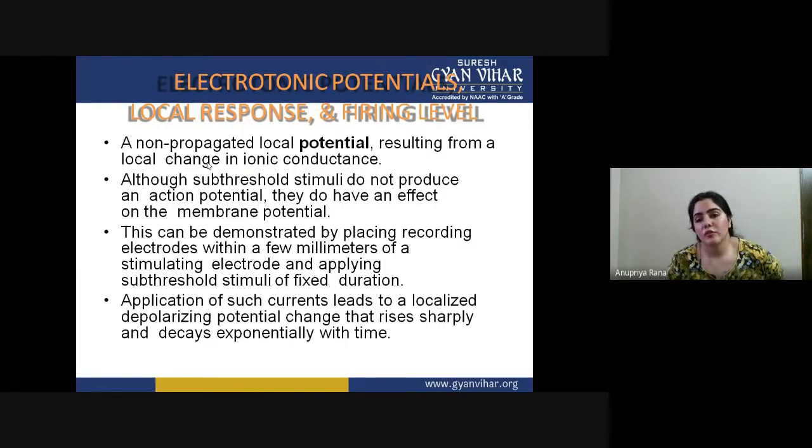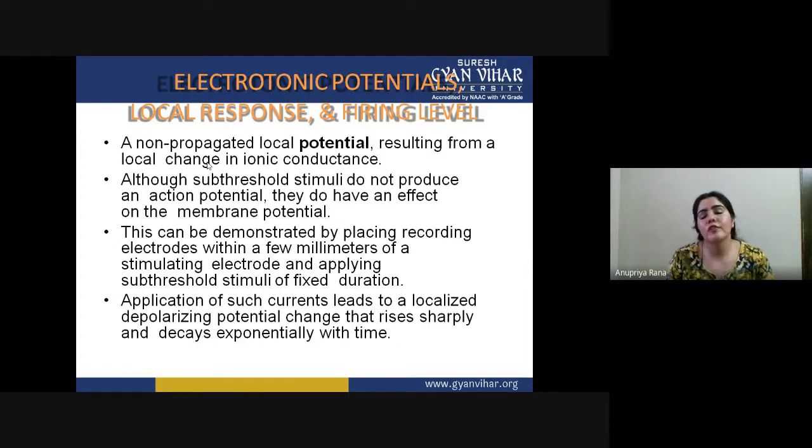Although subthreshold stimuli do not produce an action potential, they do have an effect on membrane potential. This can be demonstrated by placing recording electrodes within a few millimeters of a stimulating electrode and applying subthreshold stimuli of fixed duration.